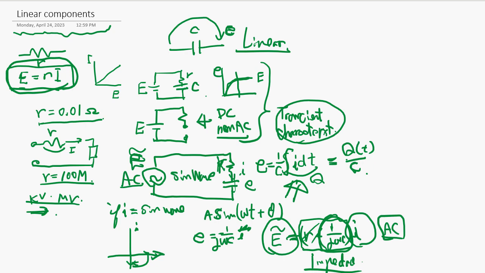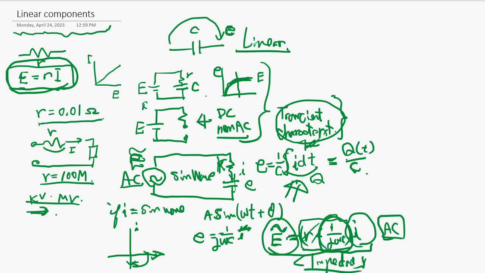Okay, look at the capacitor. If the power source is a sine wave, then we can say this is a linear component. If DC, it's nonlinear, and this requires an integral for transient analysis.